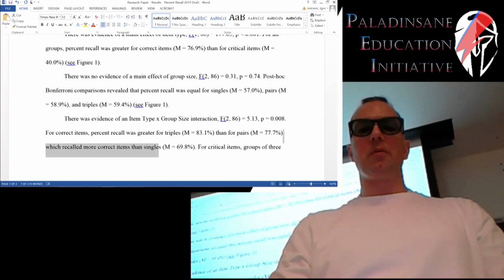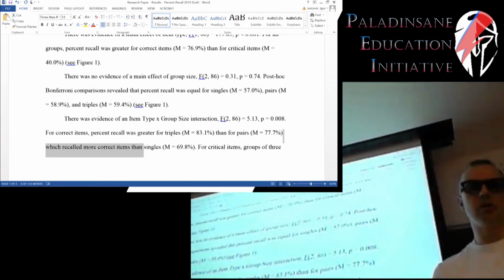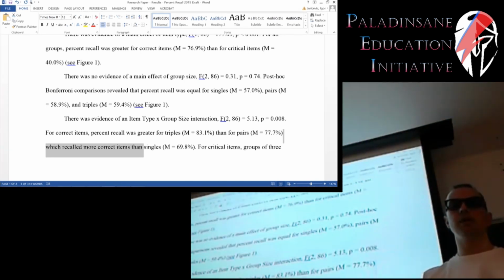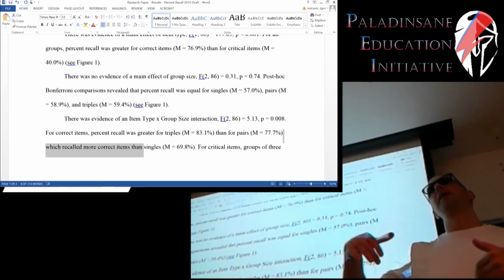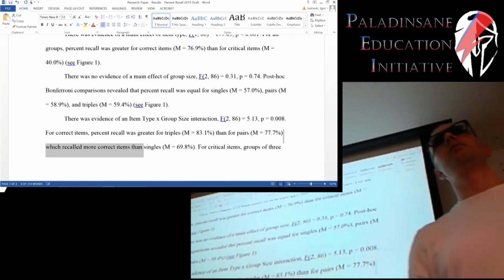All right, so we need a little bit more work here. We've got to get that little part here. So percent recall was greater for triples than for pairs, and now we need to communicate that that was also the case for singles. So what can we write there?